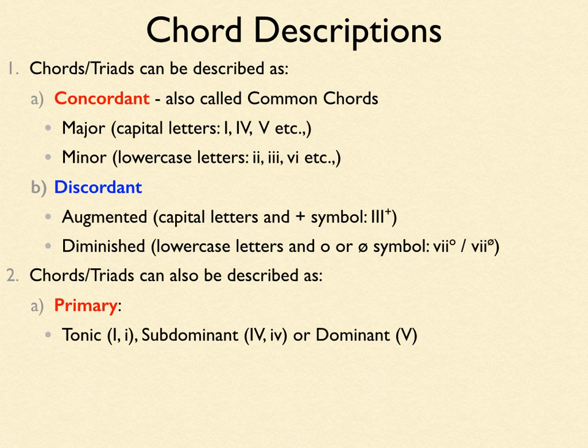Chords and triads can also be described as primary chords or primary triads. Your primary chords are basically your tonic, your subdominant, and your dominant, both in major and in minor keys. They're the most popular chords that you will be using. In fact, a lot of music, especially pop music, can be completely based just on your tonic, your subdominant, and your dominant, and inversions of those chords as well.